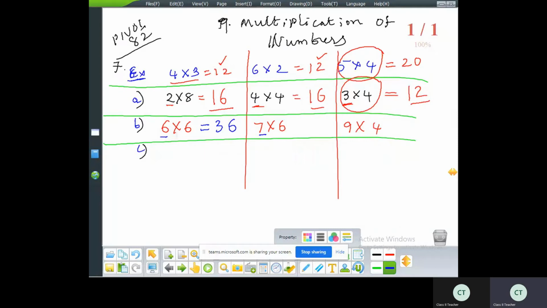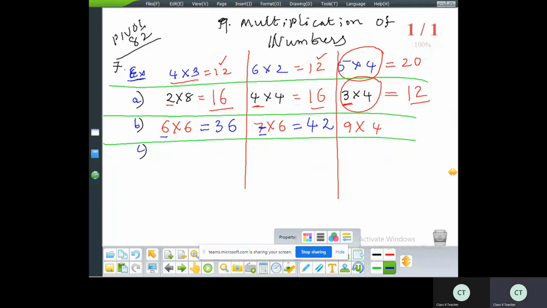Now we read 7 table. 7 ones are 7, 7 twos are 14, 7 threes are 21, 7 fours are 28, 7 fives are 35, 7 sixes are 42. Our product is 42. 7 times of 6 is 42.